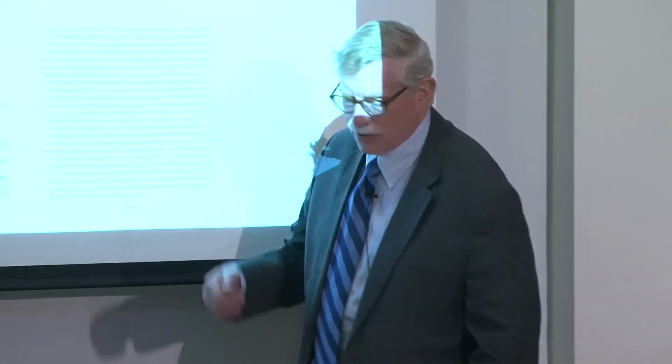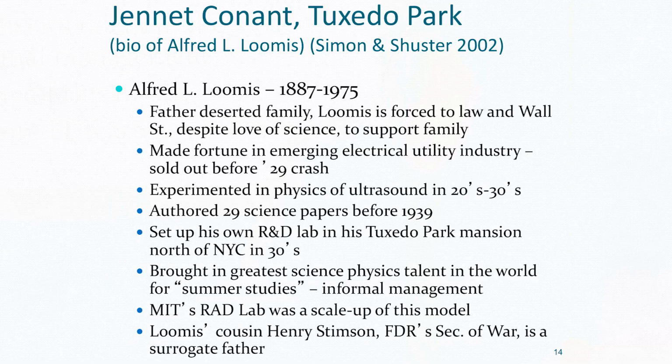And it's the story of Loomis. So let me give you a little background on him. Born in 1887, died in 1975. He comes from a WASP blue-blood family in New York, and his father is a society doctor, serving those blue bloods.